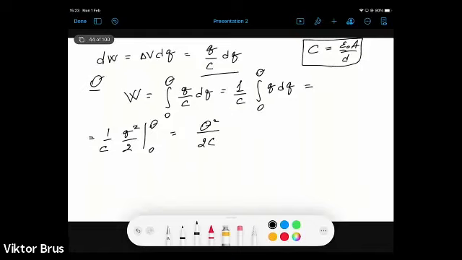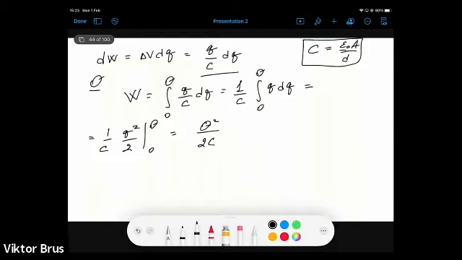Energy conservation should work. If we perform some work, this work should be converted into some type of energy, either potential or kinetic. Since nothing is moving inside the capacitor, we accumulate energy in the form of potential energy, which is equal to the work which is done.